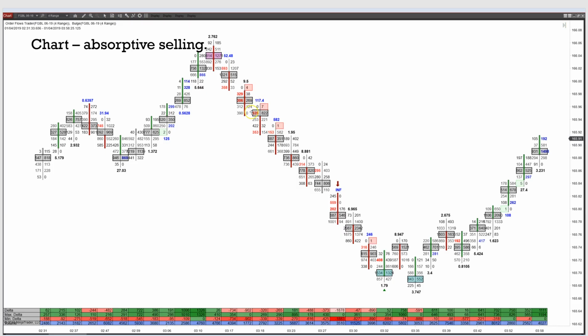But look at this, right? You've got this bar here. The delta is minus, what is that? Minus, I think it's this one here, minus 734. Okay.